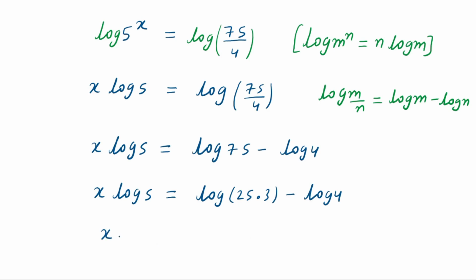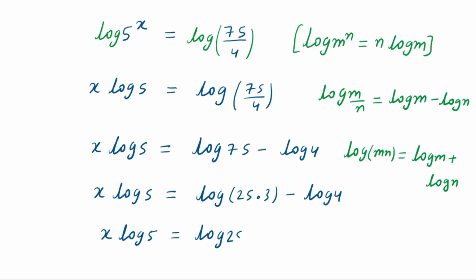Then x times log 5 is equal to, here we will apply this rule, log m times n is equal to log m plus log n. According to this rule, we can write this expression as log 25 plus log 3 minus log 4.